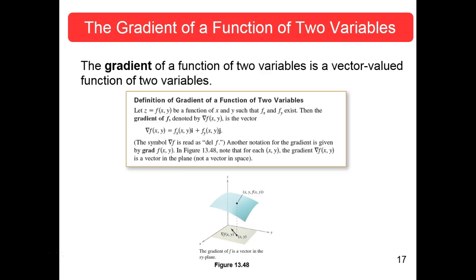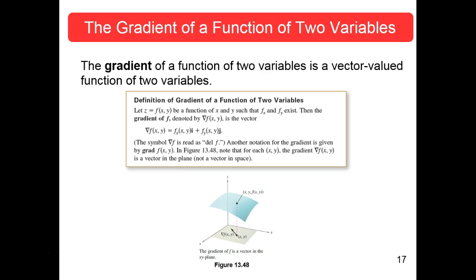If z is this function f of x, y, such that f sub x, the partial of f in the x direction, and the partial of f in the y direction both exist, then the gradient of f, and the symbol for that is this bold upside down triangle. It's often called the del or a grad. Del f, and another notation is called grad f.